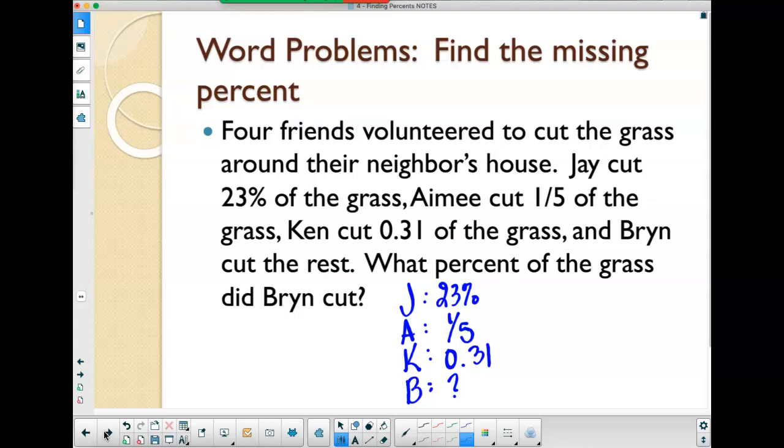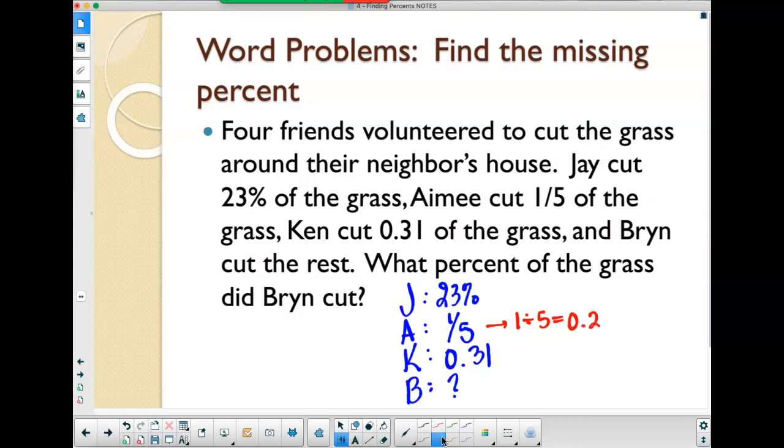Okay, so Jay has already got a percent. We're good there. 1/5. How do I write 1/5 as a percent? And you can use your calculator. Does anybody remember how to turn a fraction into a percent? Okay, in case you've forgotten, we're going to do 1 divided by 5, which is 0.2.